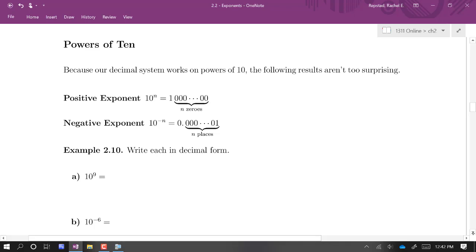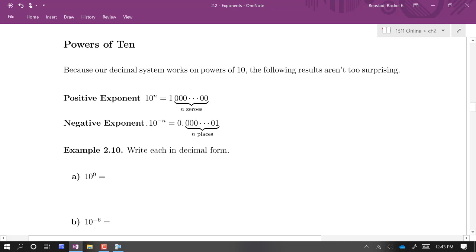So if I'm raising 10 to a positive integer exponent, like 10 to the n, that just corresponds to the number 1 with n zeros after it. 10 to the negative n corresponds to 0 point, and then, obviously it's less than 1, right? 10 to the negative n is 1 over 10 to the nth power, so it's a small number, and you just put 1 n places over from the decimal point.